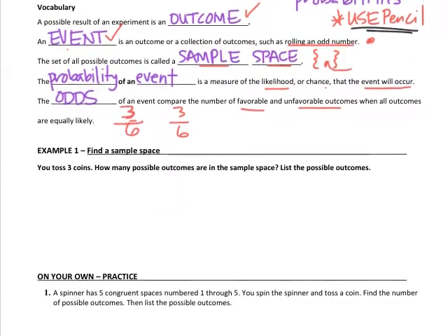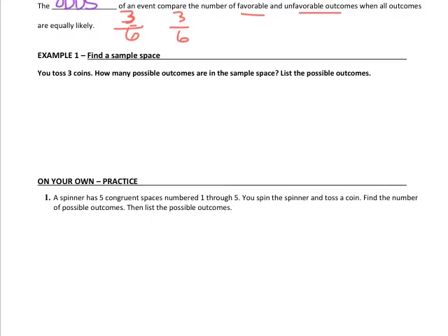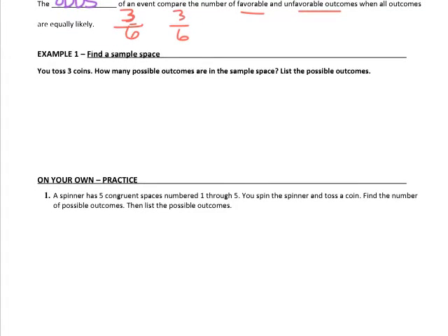And let's go ahead and take a look at our first example. The first example asks us to find a sample space. Okay, so we're going to be finding a sample space and listing all of the possible outcomes in those brackets that I mentioned before. So the experiment that we're doing is that we're tossing 3 coins.